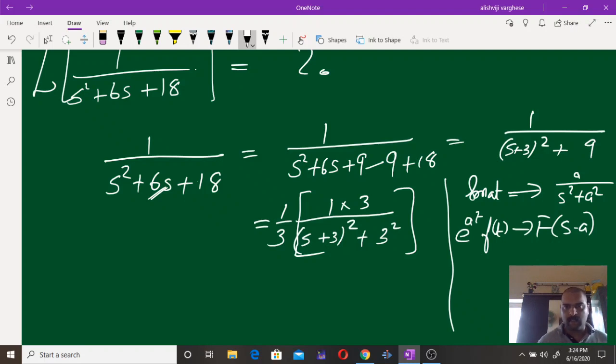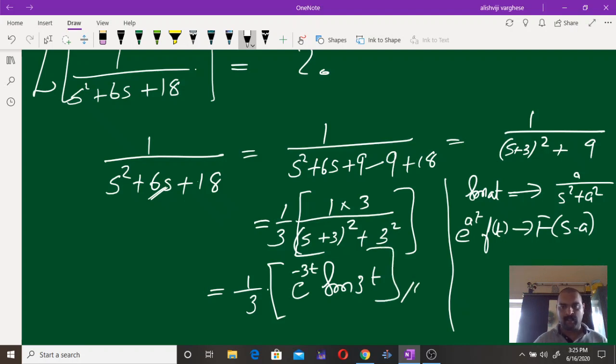So it is equal to 1 by 3, a constant, since the inverse Laplace transform is also a linear operator, times the Laplace transform of sine 3t. Then there is a shift of minus 3, so it is e to the power minus 3. So this is the Laplace transform of our required function, e to the power minus 3t into sine 3t divided by 3.